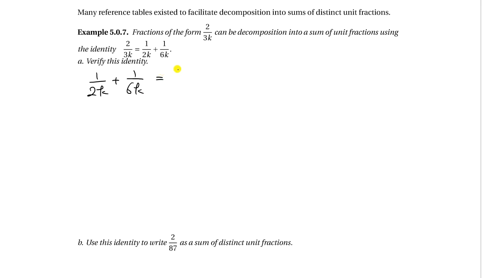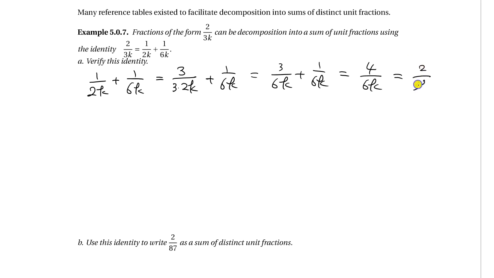So let's multiply the numerator and the denominator of the first fraction by 3, which makes 6k the common denominator of these two fractions. So when you add them, we have 4 over 6k. Then let's divide the numerator and denominator by 2. Then it's 2 over 3k.